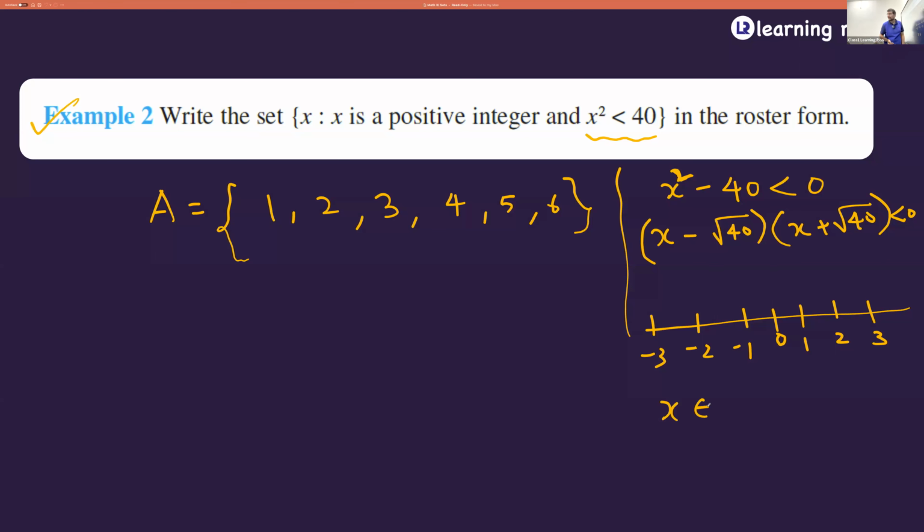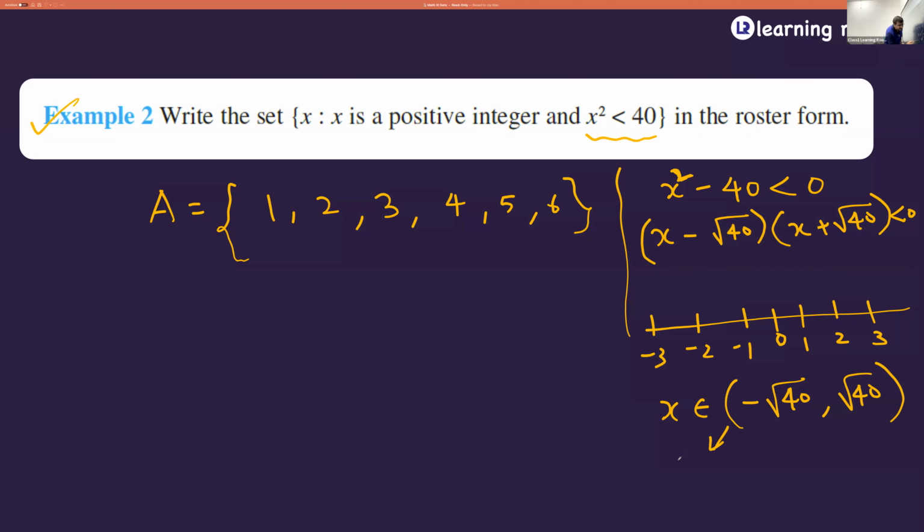Means I should substitute a value something like this. I need to substitute a value which is between minus root 40 to plus root 40. You substitute any value between these, where I put this kind of braces, right? So these braces are not to be confused with set. These are the ones which are used to represent the range.